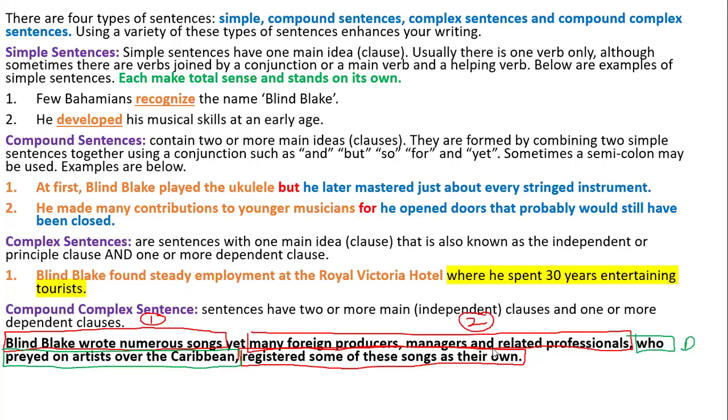Mr. Petit, I have a question. Go ahead. When writing your paragraph, is it necessary to always write fancy, big words in your paragraphs? You want to have a variety, a mixture. You don't want to only write compound complex sentences, that's not going to be good.